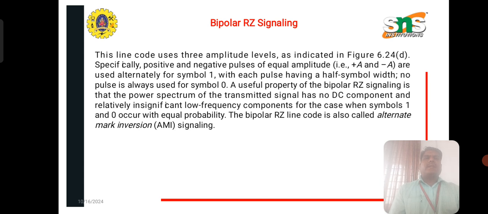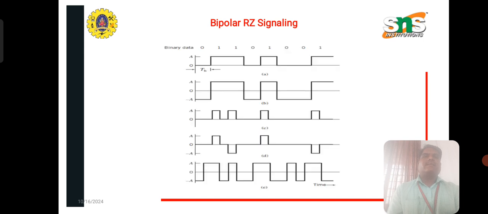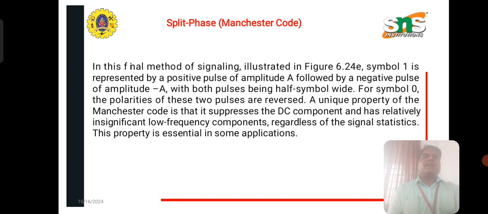A useful property of bipolar RZ signaling is that the power spectrum of the transmitted signal has no DC component and relatively insignificant low frequency components when symbols 1 and 0 occur with equal probability. The bipolar RZ line coding is also called alternate mark inversion signaling. This figure shows the bipolar RZ signaling method.